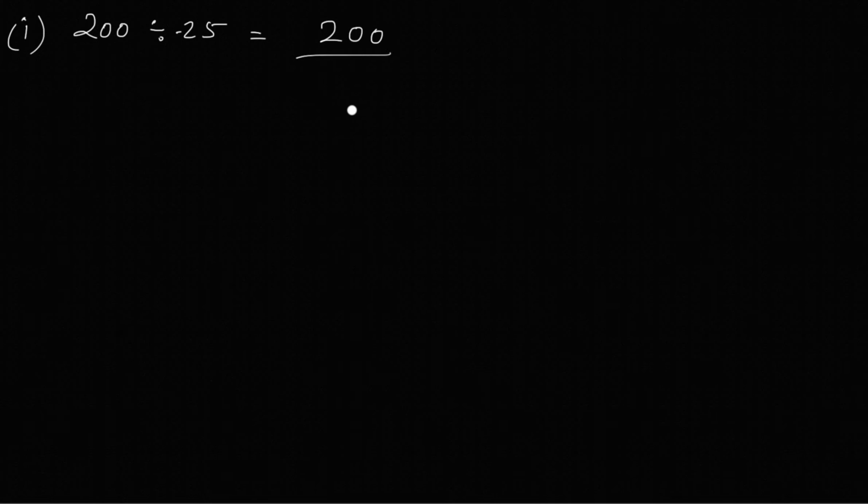Now question number I. It's 200 divided by negative 25. You can divide it directly. It is 8 and there is a negative sign, so it is negative 8.